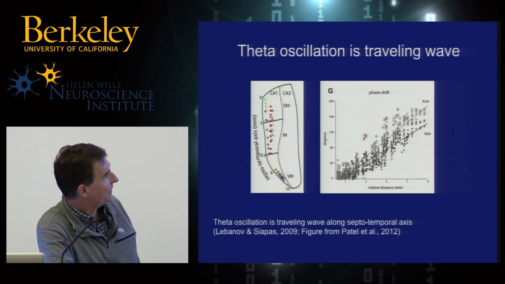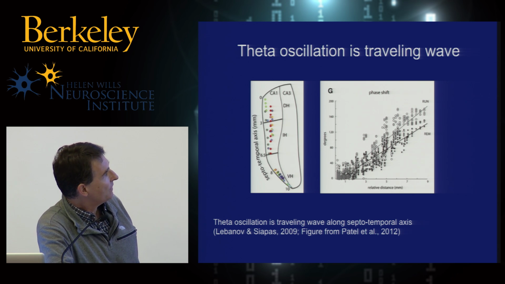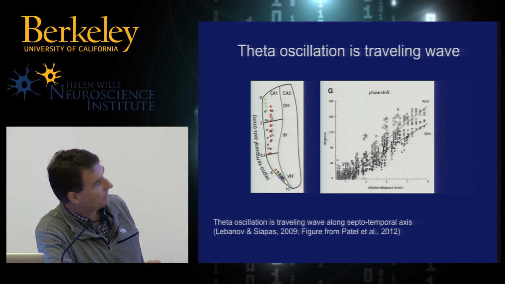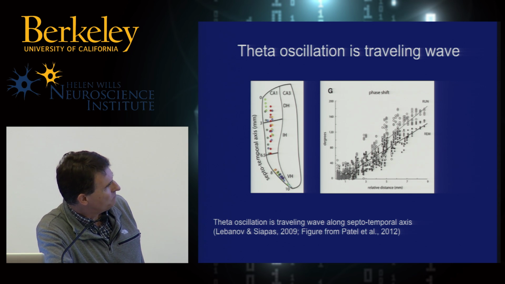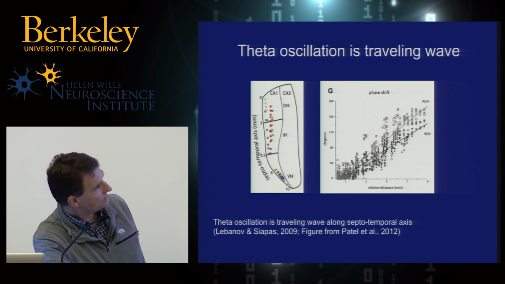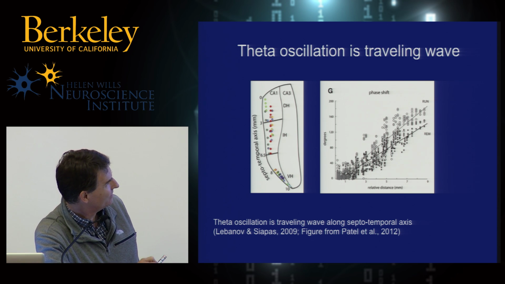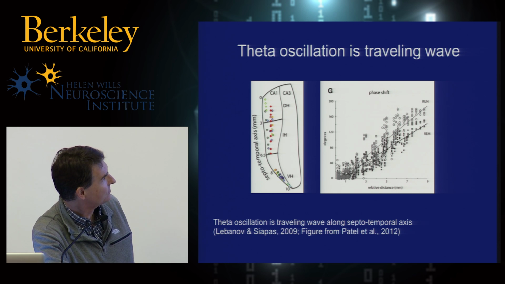Don't worry about this right now, but this is a figure from a follow-up paper from the Buzsaki lab, where they placed electrodes and measured, on the x-axis, the relative distance from this zero point along the septotemporal axis. So this is just this axis here, on the x-axis.